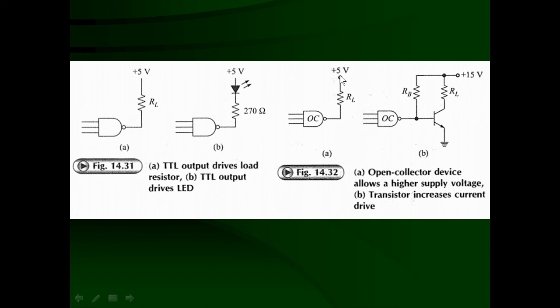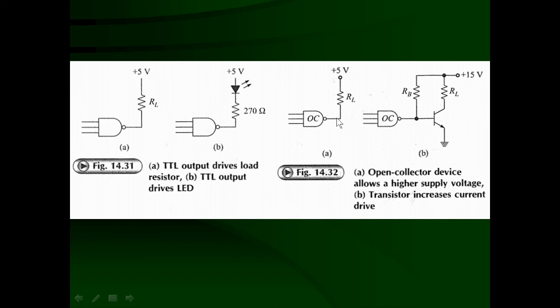That means an open collector TTL should be utilized, where the output transistor is open collector, which can be returned through the pull-up resistance RL to 15 volt. And when the transistor is not conducting, the output of this TTL is going to be 15 volt, which is the requirement.